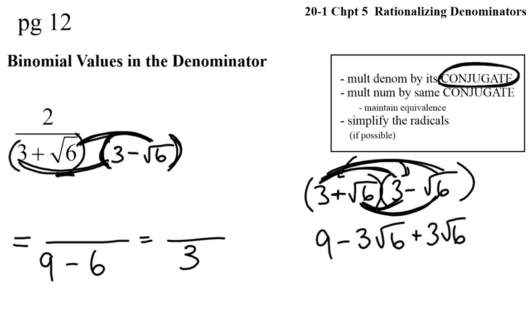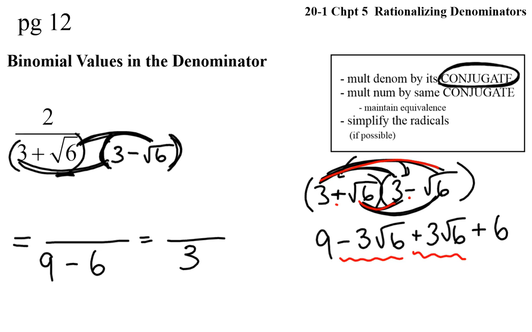Root 6 times root 6. Radical times itself is just your radicand. But what happened was when we did our multiplying here, 3 times negative root 6, negative 3 root 6, and then 6 times 3 is a positive 3 root 6.